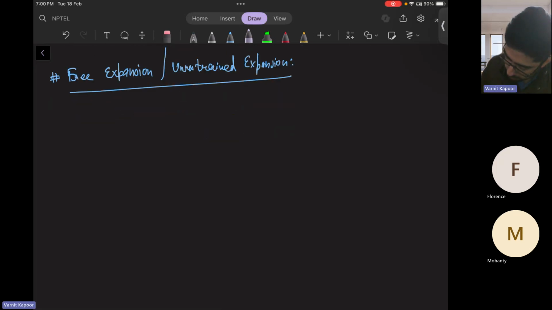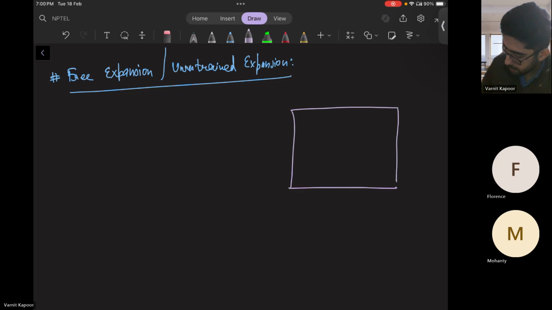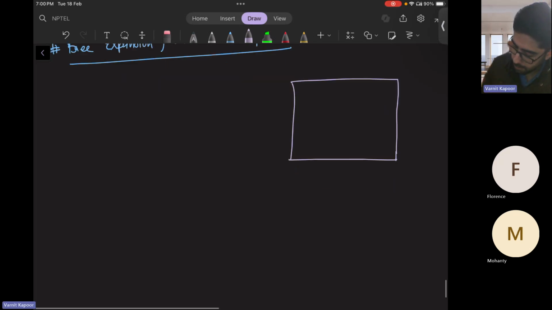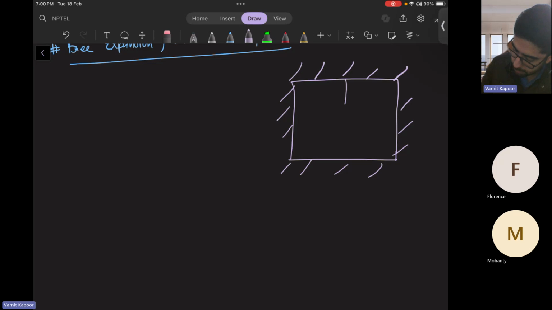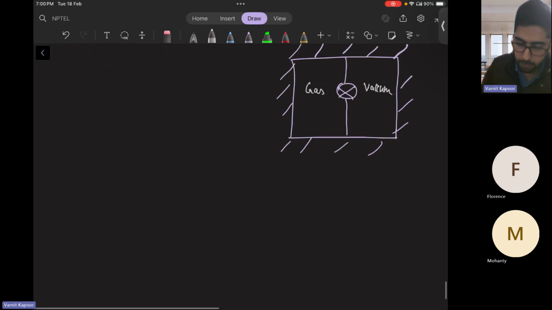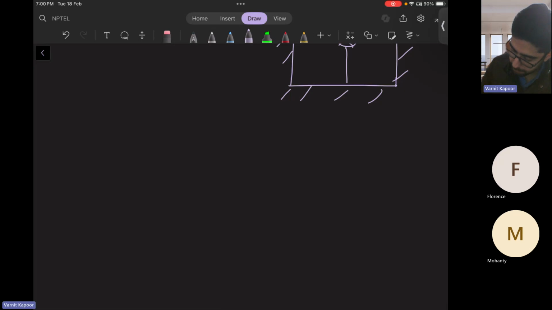I'll make a diagram here. So you have an insulated chamber, partitioned with a wall here. The left partition has a gas and the right has a vacuum. As soon as you open this valve, what happens?